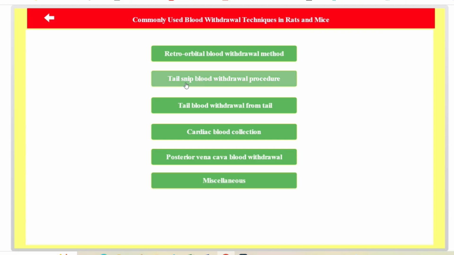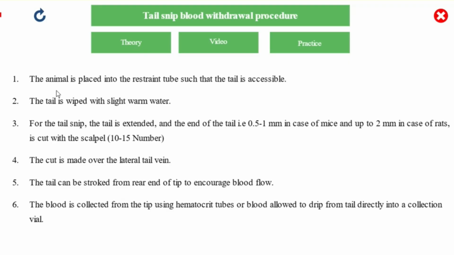So next is the tail snip blood withdrawal procedure. Theory: the animal is placed into the restrainer tube such that the tail is accessible. The tail is wiped with slightly warm water. For the tail snip, the tail is extended and the end of the tail, 0.5 to 1 mm in case of mice and up to 2 mm in case of rats, is cut with the scalpel, number 10 to 15 scalpel.